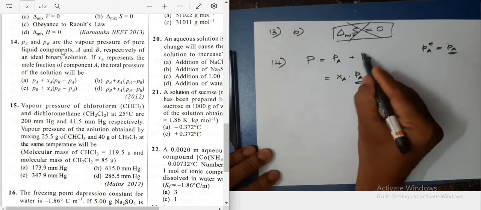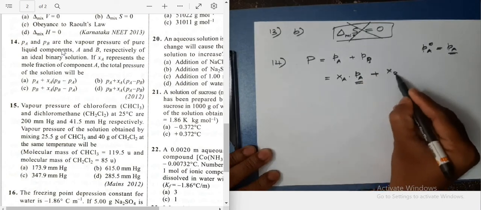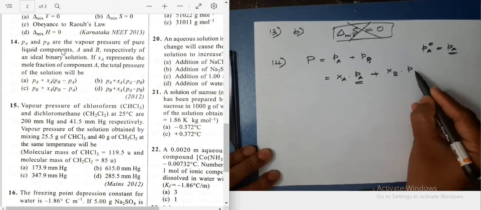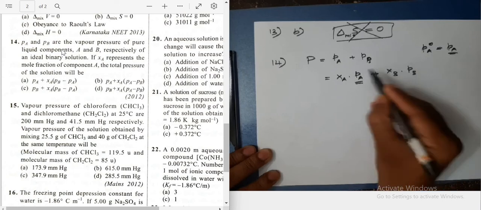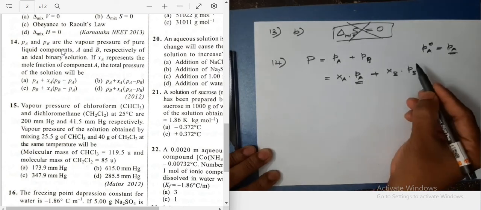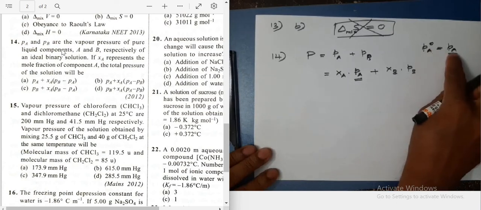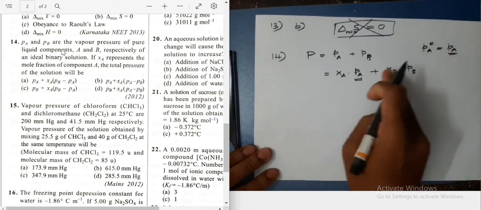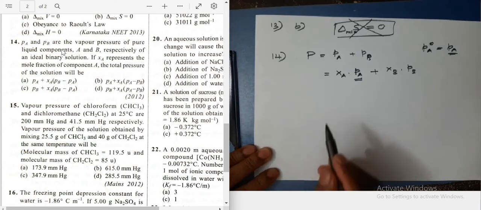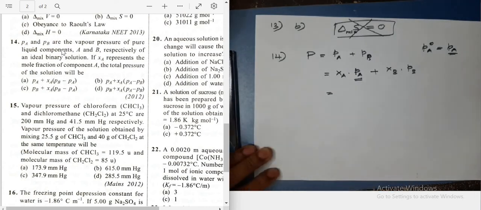Plus, partial pressure of B is nothing but mole fraction of B into pure vapor pressure of B. Actually, I should put a naught symbol here in the superscript, but since in the question the pure vapor pressure is represented as just PB, I am using the same symbol. Now, in all the options, mole fraction of A alone, XA, is given.